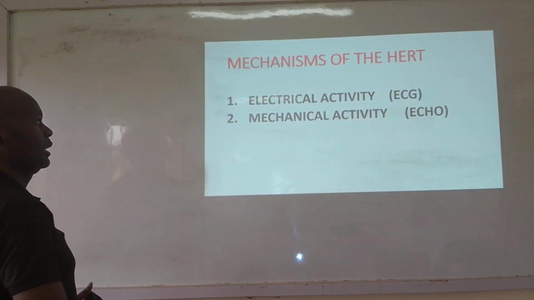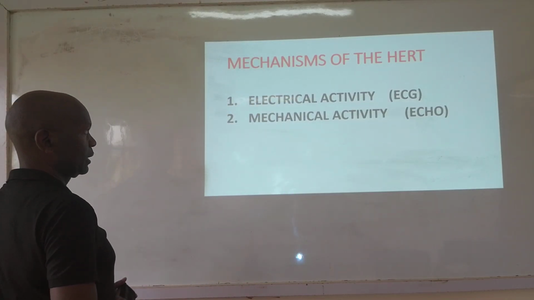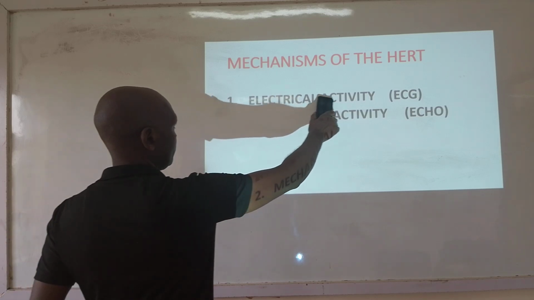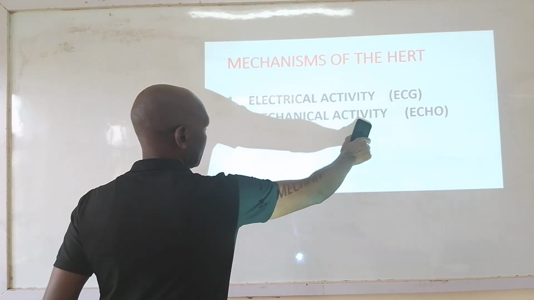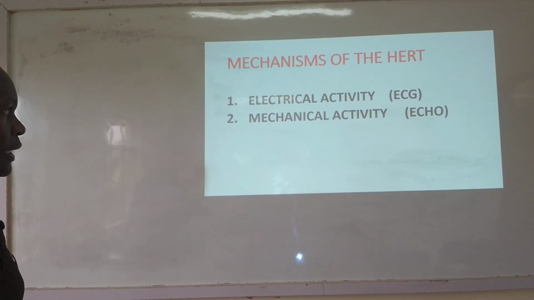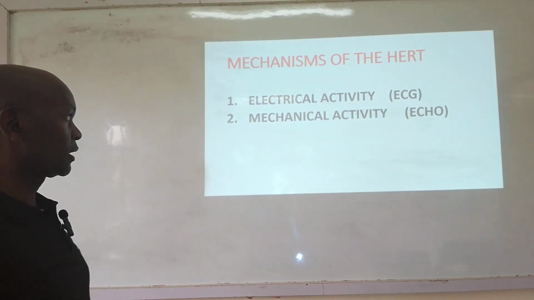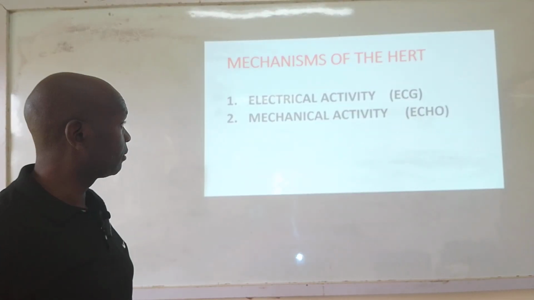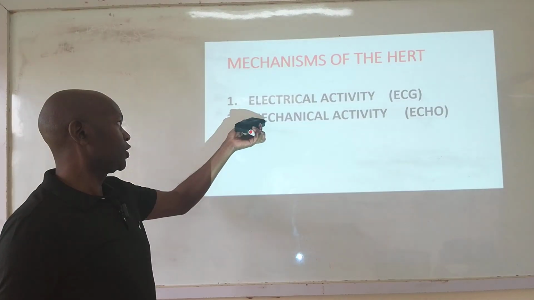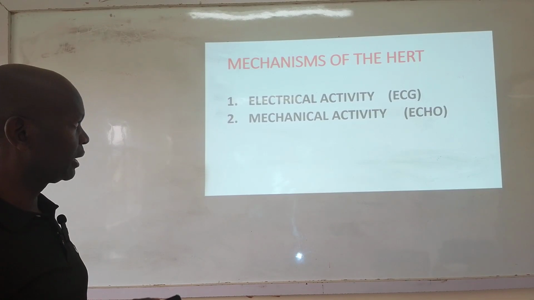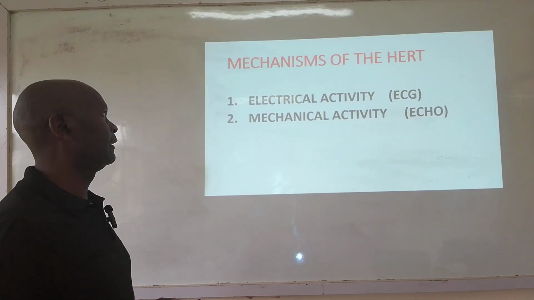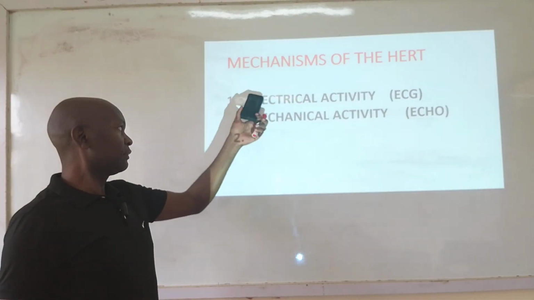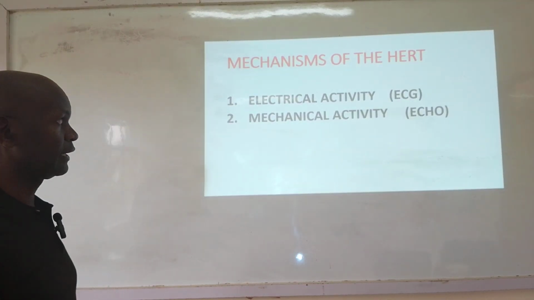But remember, electrical activity is the one that leads to mechanical activity. So if electrical activity fails, then the mechanical activity definitely will not work. Mechanical activity is all about contraction and relaxing, that is when it is pumping blood. So for us to initiate the mechanical activity of pumping blood, we need to start with the electrical activity. It is the electrical activity that stimulates the mechanical activity.